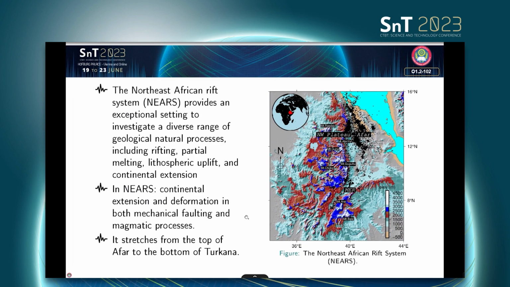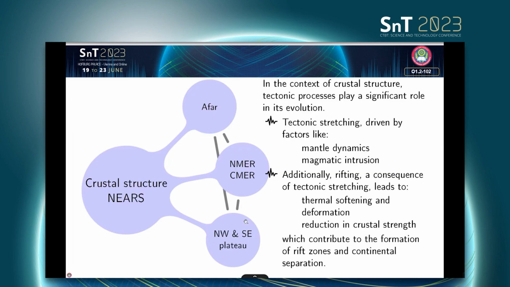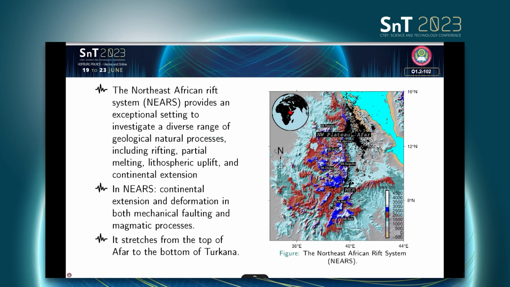So the Ethiopian Plateau and Ethiopian Rift are located in the East African part of the rift system, where the red part on the inset map shows the location of my study.